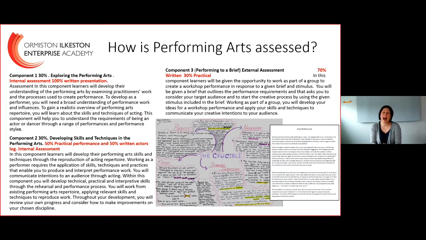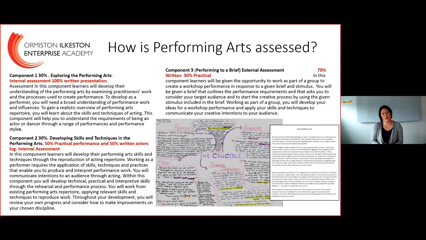Component 2 is your acting component, where we develop skills and techniques in acting. We'll choose a certain acting style, we'll do workshops, and you'll create an actor's log whereby you explore, evaluate and log the progress you make as a performer.